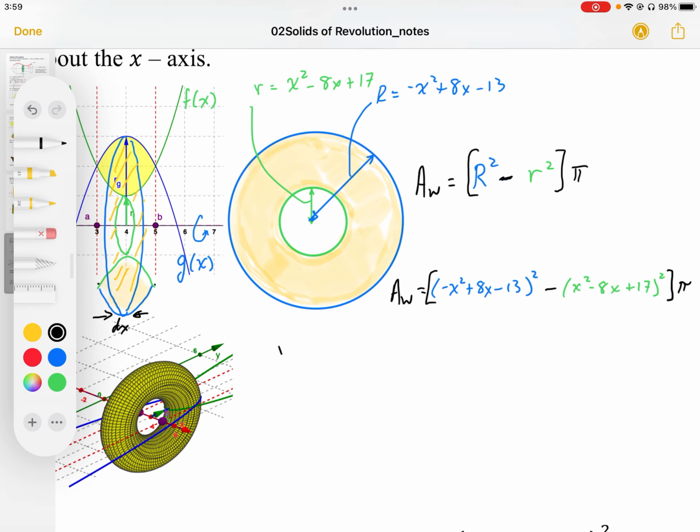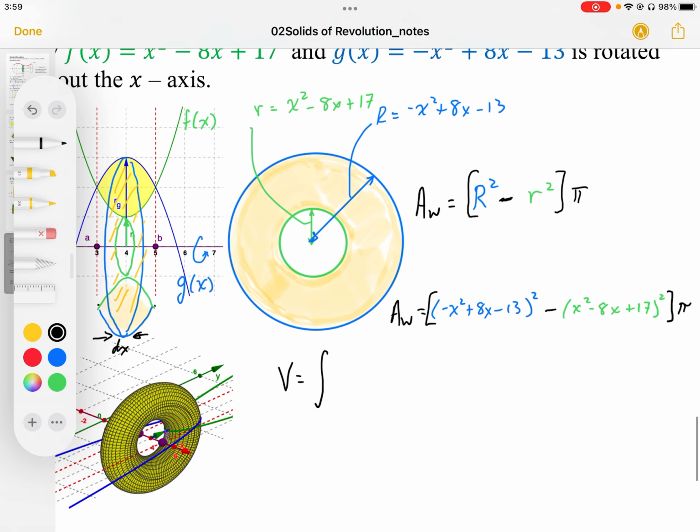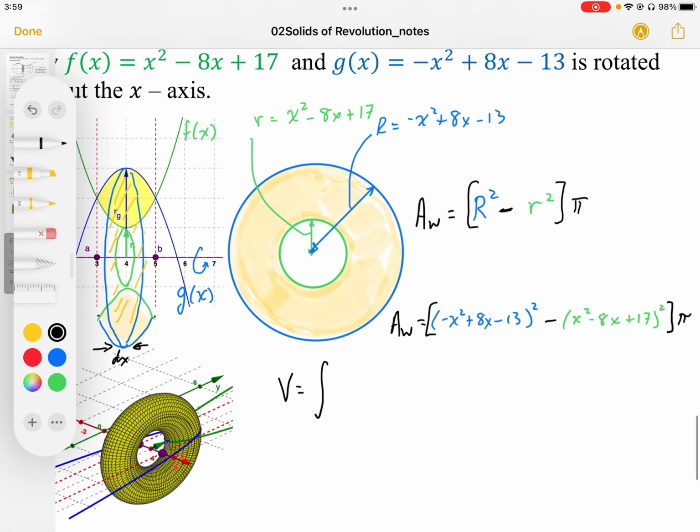So the volume expression is going to be V is equal to the integral. The intersection bounds are going to be from 3 to 5. So when we intersect the green function with the blue function, we get the intersection points x is 3 and x is 5. So those are my lower and upper bounds.